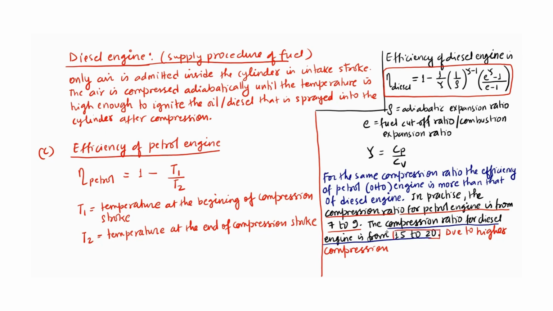So due to the higher compression ratio, the actual diesel engine has higher efficiency than the petrol engine. So we have this. Clear?